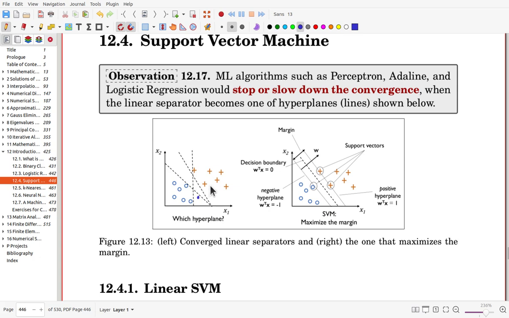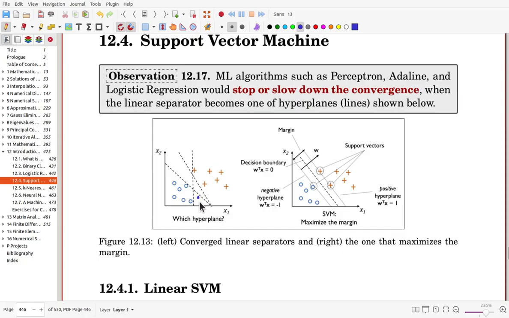So it is erroneous. Even though the separator is made perfectly for the given training data set, it can be erroneous. The question is, how can we get a really good, reliable hyperplane?